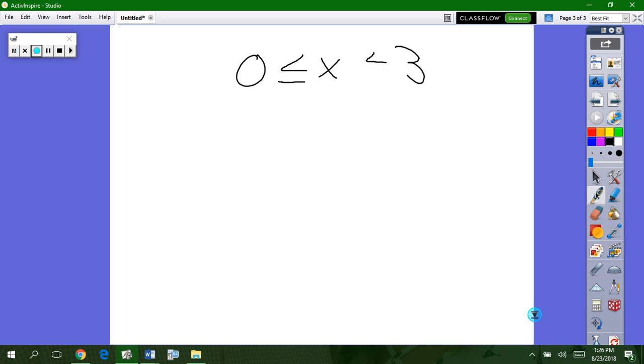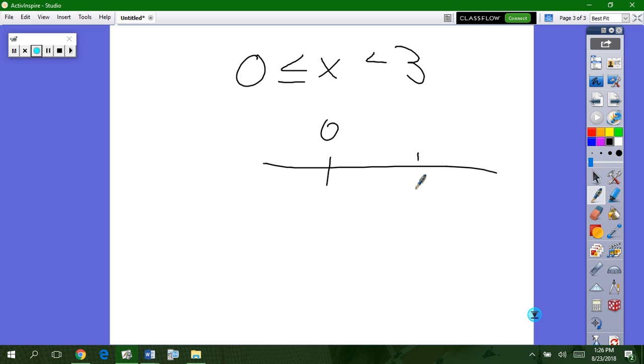Taylor, yeah. Really that's saying x has to be greater than or equal to 0, but has to be less than 3. So it's not going on forever, it's stopping. This is actually called an AND statement. We'll talk more about it, but don't worry about it right now. But here's what the graph will look like.